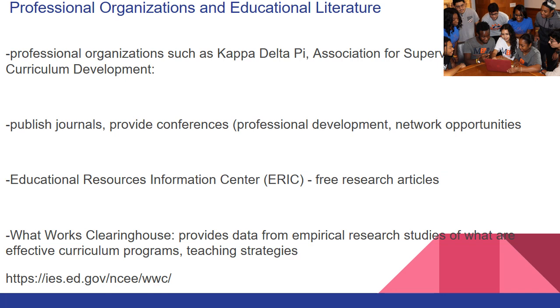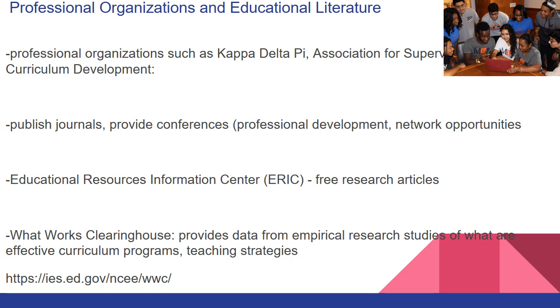Another form of educational literature, apart from those journals for the professional organizations, comes from the Educational Resources Information Center. Basically, it's a database that has all kinds of free research articles that teachers could look up to see what would be an effective strategy to teach cooperative learning, for example.